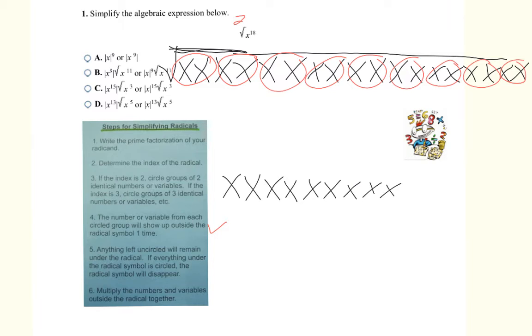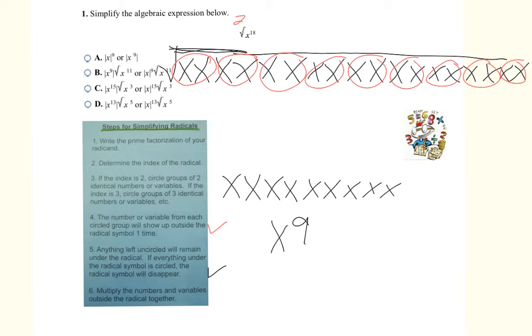And since I have nothing left under the radical symbol, then the radical symbol is going to disappear. And then I just need to multiply everything outside of this square root together. So here I have x times itself 9 times. That's going to be x to the 9th. And I'm done with that problem.